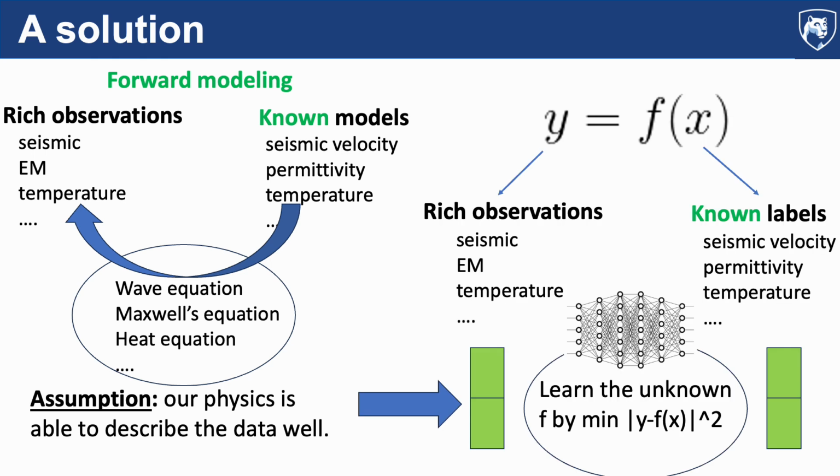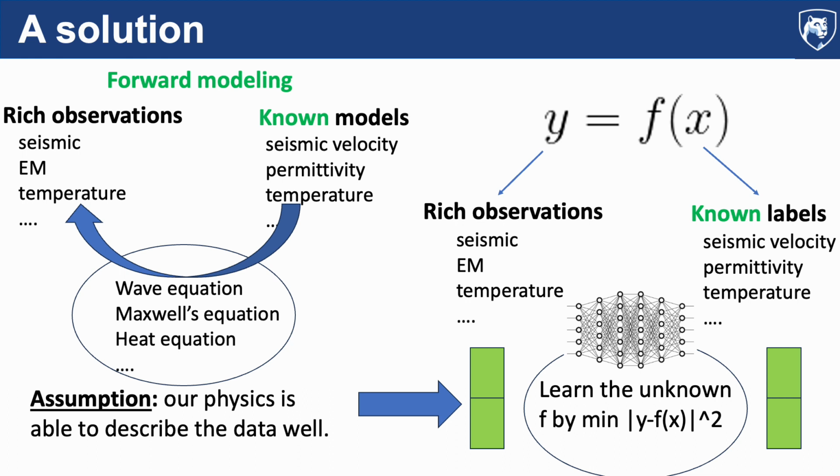And then if we feed this rich data set to the machine learning with the labels, we actually have a good chance to learn the unknown f function. As you can see, we can generate as much data as we want. So essentially, we can train the neural network very well.